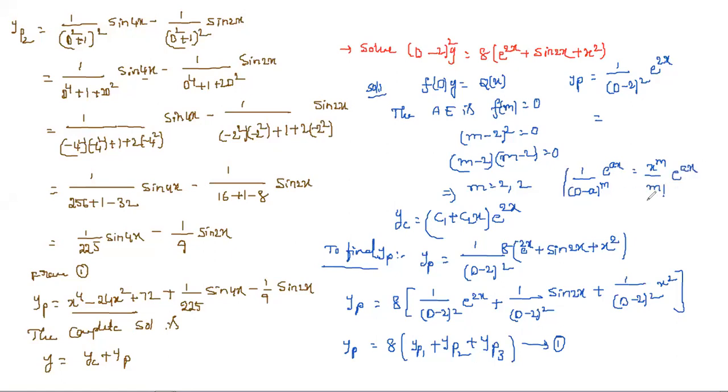So this is the one we are applying. Comparing, in place of a we have 2 and in place of m we have 2. So the solution is x square by 2 factorial into e power 2x. So x square by 2 factorial, that is x square by 2, into e power 2x. This is yp1.